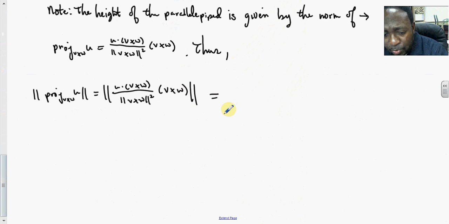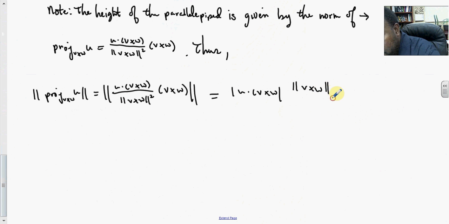So this is equal to, this numerator is the number. This is a dot product, and the dot product is a scalar, so it just becomes the absolute value. So this is now times the norm of v cross w divided by the norm of this term squared.